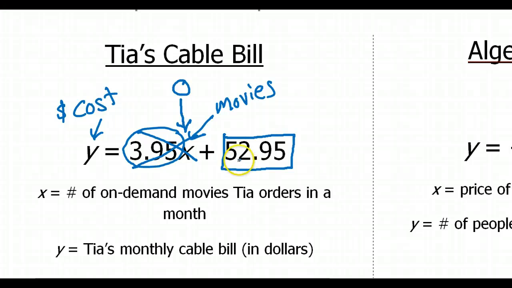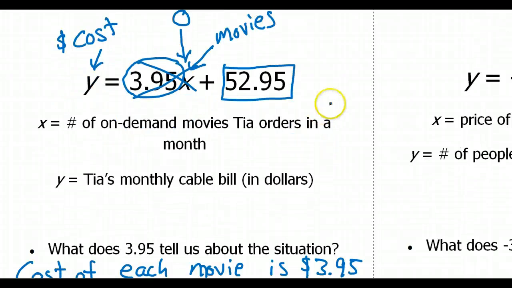But we still have to pay $52.95. That means the $52.95 must be the flat basic price of cable if you don't watch any movies at all.